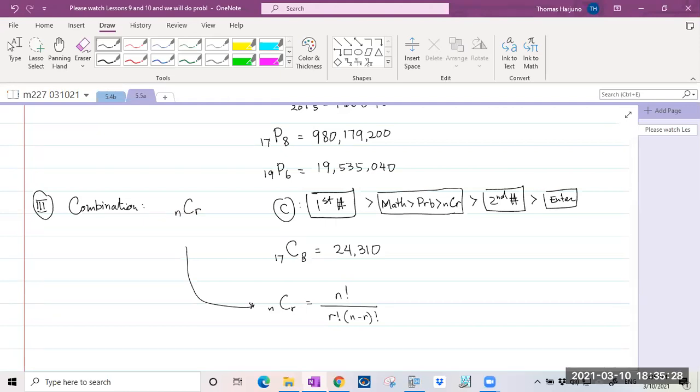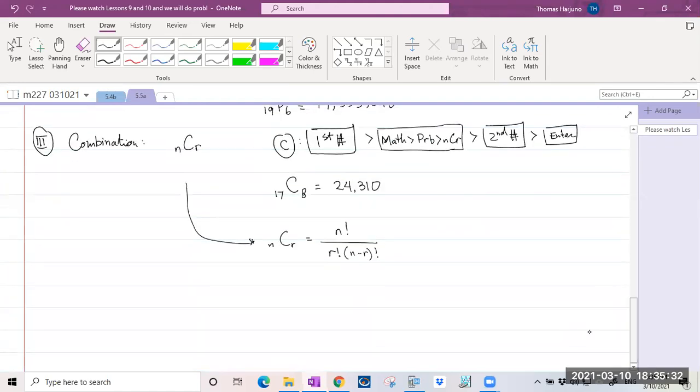When the r is small, you will see it's actually quite easy to compute by hand. Suppose, for example, I have 7 combination 3. How to compute 7 combination 3 faster than your calculator?